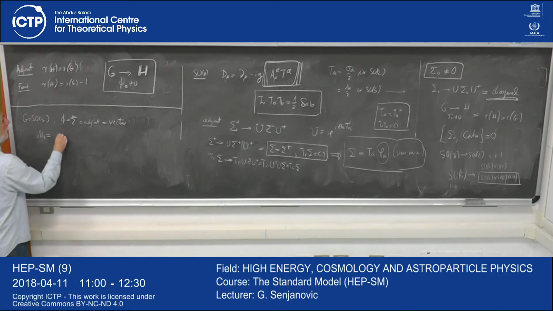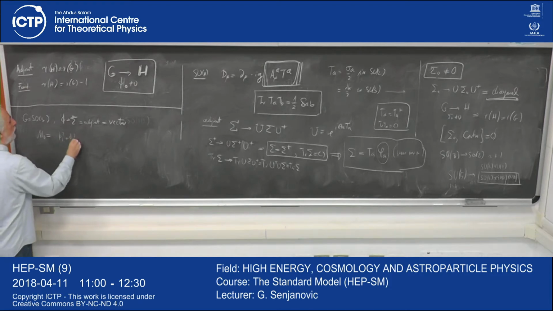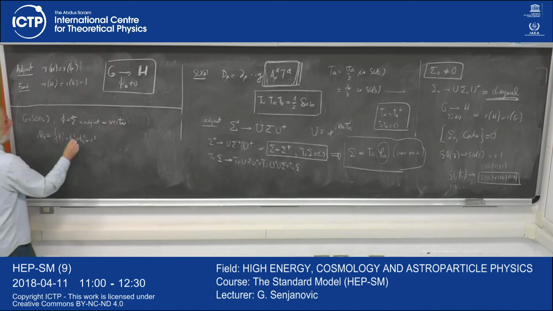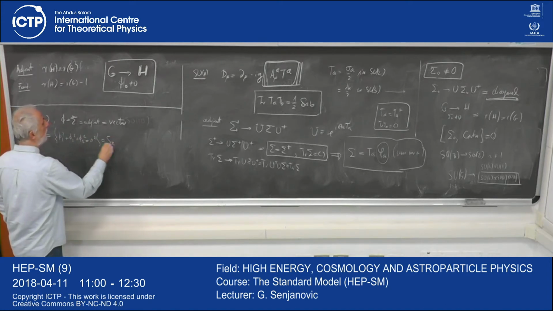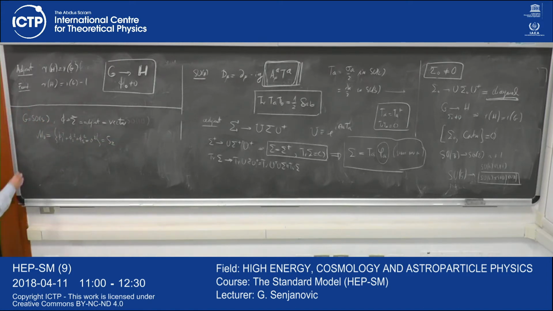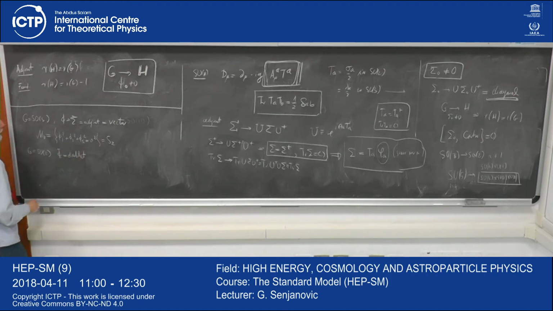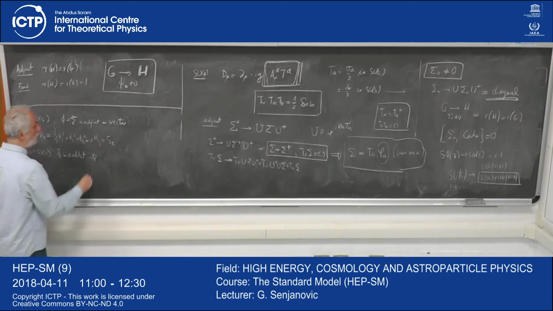It's phi1 squared plus phi2 squared plus phi3 squared equal v squared, and this is called S2. It's a two-dimensional sphere. If I take the same group, I have to call it SU2, and then phi is a doublet. It's complex, so I cannot call it SO3. Then what is the vacuum manifold?